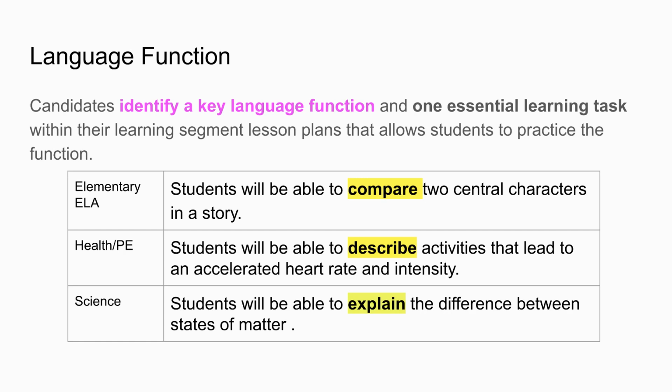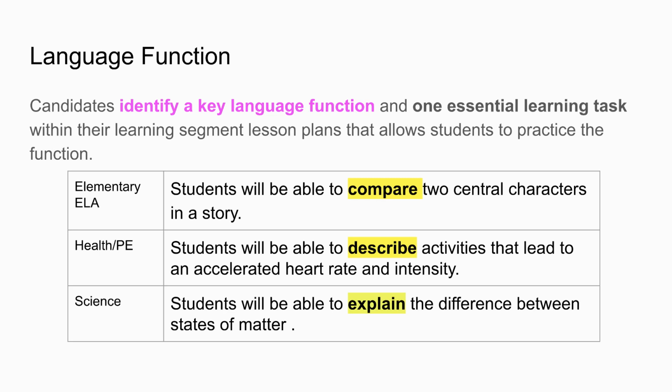The other piece is language function. Now, I've given you several examples here. I'm a big fan of Bloom's taxonomy. So go back and look at Bloom's and then try and identify the key language function.